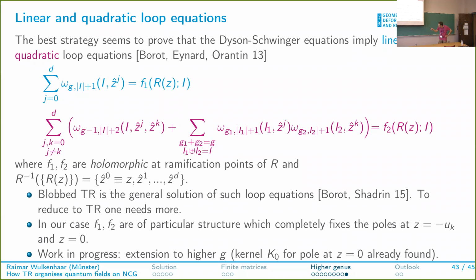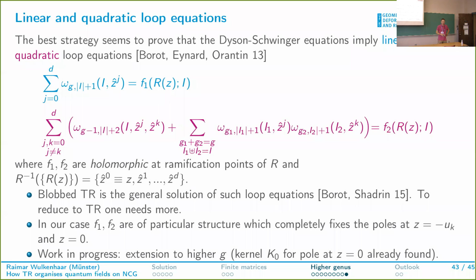And then there's a similar quadratic relation. This sum is not restricted: you sum over all these omega g,n's, over all partitions of the genus and of the string of spectator variables. You get another differential form, actually from omega 2, which is also required to be holomorphic at the ramification points. And these two conditions alone, the solution of these conditions, is blob topological recursion.